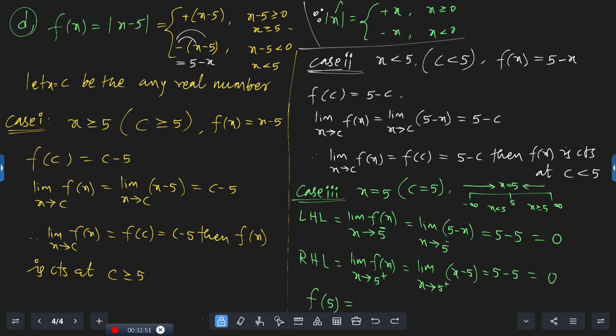So what am I getting? 5 minus 5. Listen carefully. x minus 5 at x is equal to 5. x minus 5 function only I should use. Very careful here. So 5 minus 5 is 0.